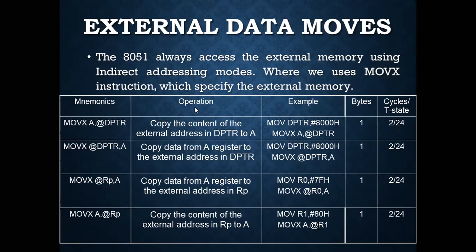As we know, the data pointer register consists of two 8-bit registers, data pointer high and data pointer low. We have seen this earlier in the internal RAM structure section. So for example, here is written MOVX A, @DPTR.